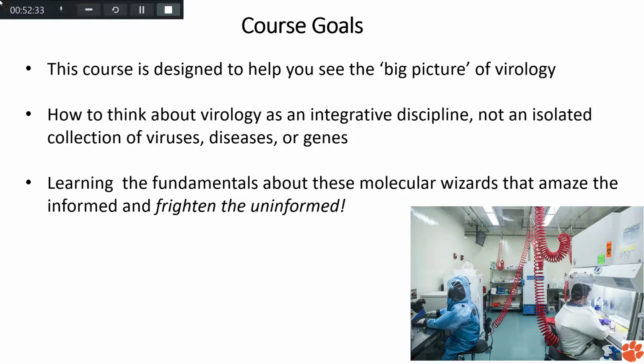The reason is that those are facts you can look up at your fingertips, literally. If you need to see pox virus, you just Google that, go to a wiki, and it will take you to some references. You can just dive deeper. They're available to you all the time. But the course goal here is to understand the underlying principles of how these things work: how they infect, what changes they make in the cells, and what they are doing.